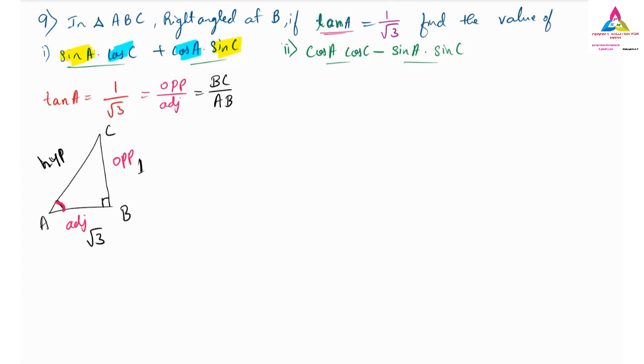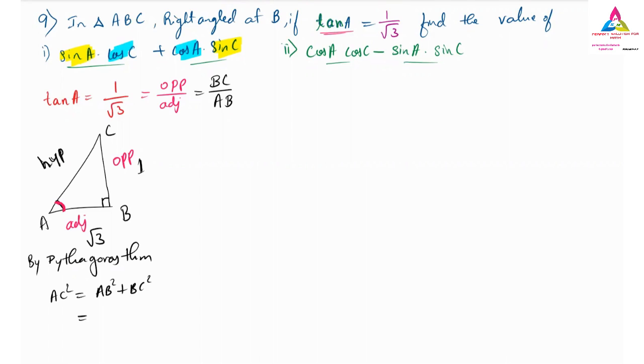So let us apply the Pythagoras theorem again. By Pythagoras theorem, AC square is equal to AB square plus BC square.